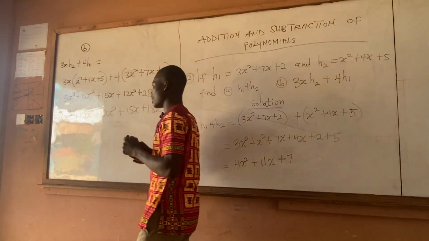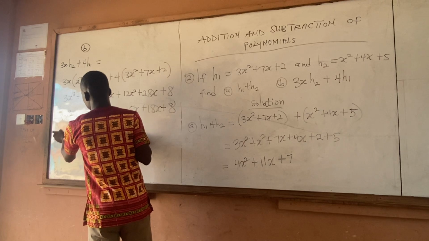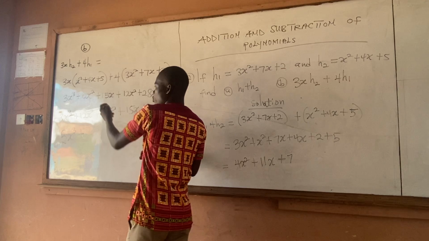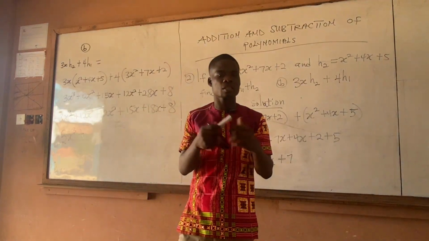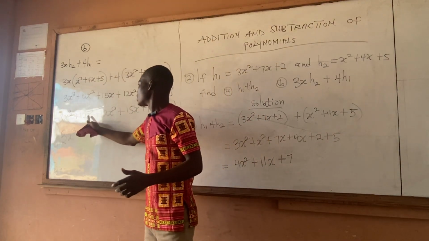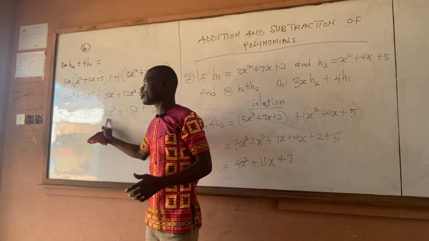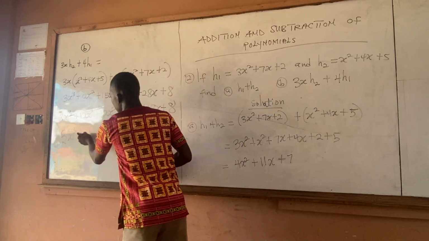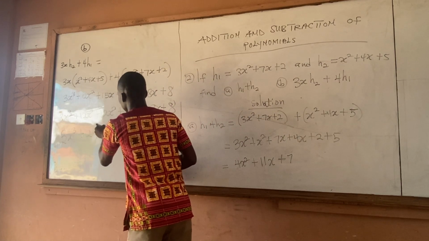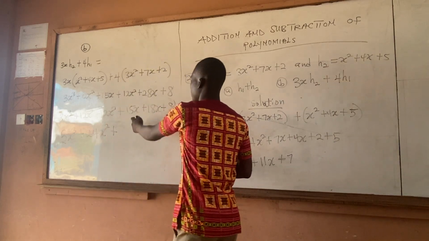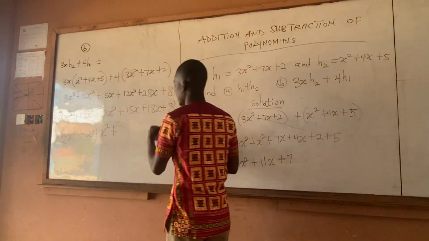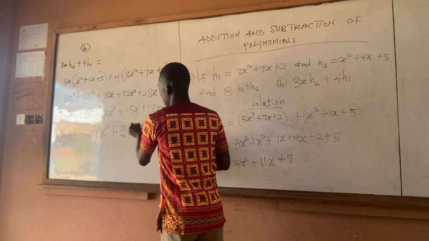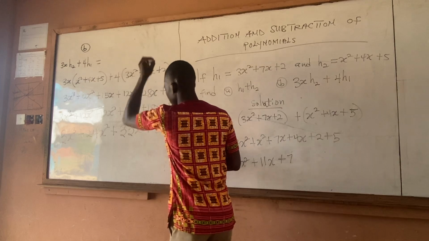Now let's take our time and add the like terms. So 3x cubed plus 12s squared plus 12s squared, add them. Since the powers are the same on the same variable, add 12 plus 12, we are going to get 24x squared, plus 15 plus 28x, we are going to get 43x, plus 8.